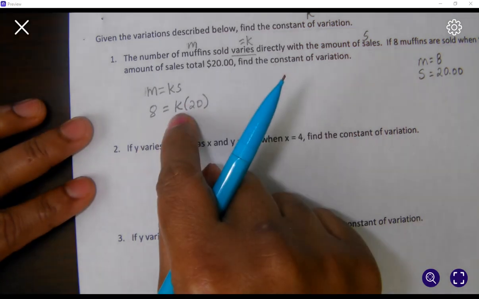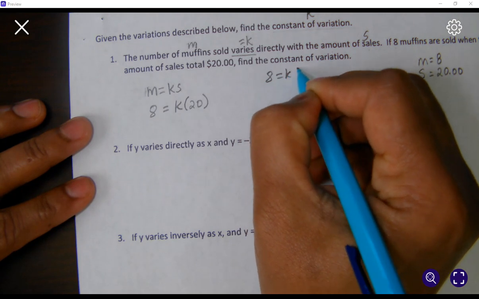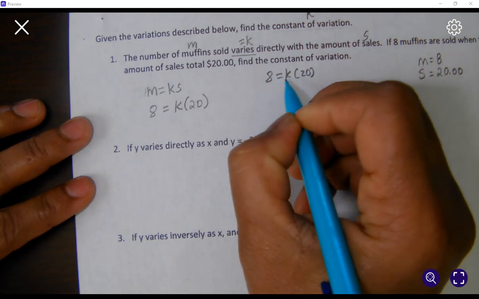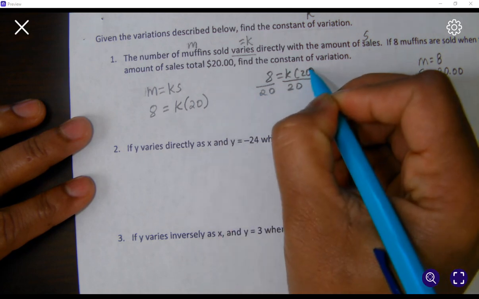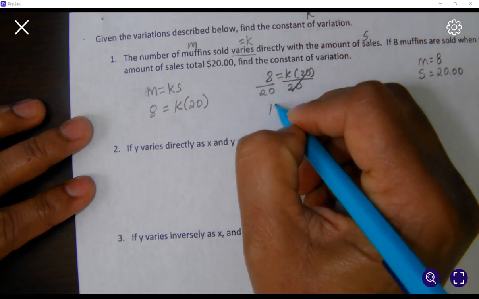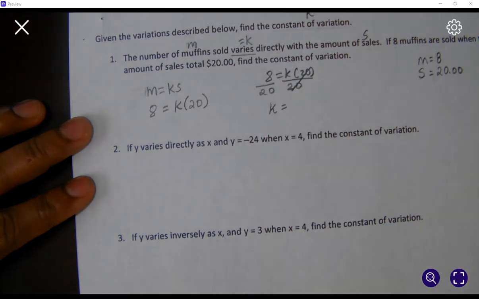We got to get k by itself. In order to get k by itself, we need to divide both sides by 20. So you have k equals 8 divided by 20.